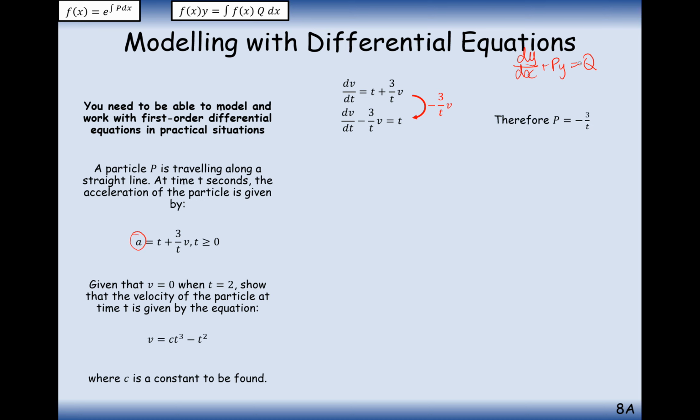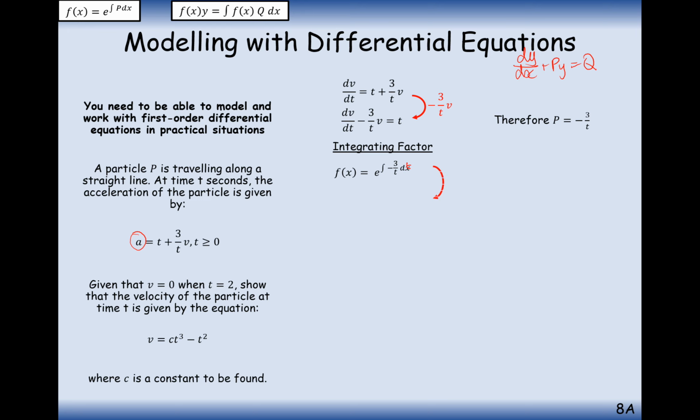And when it's of this type of form, the first thing we need to do is work out an integrating factor. The integrating factor is e to the integral of p dx, where p is the coefficient of v. So p, in this case, is minus 3 over t, whatever's in front of v. So let's work that out: e to the integral of minus 3 over t dt.